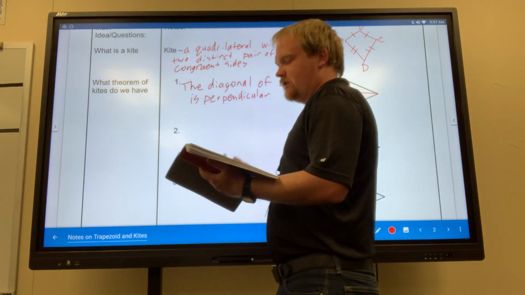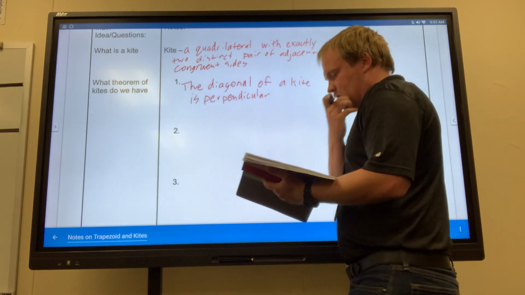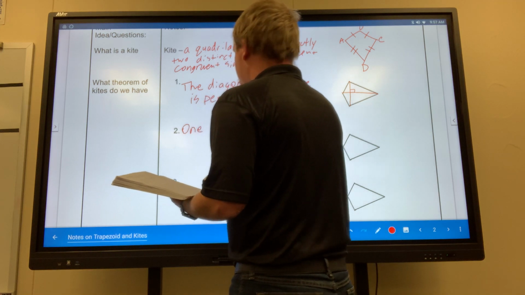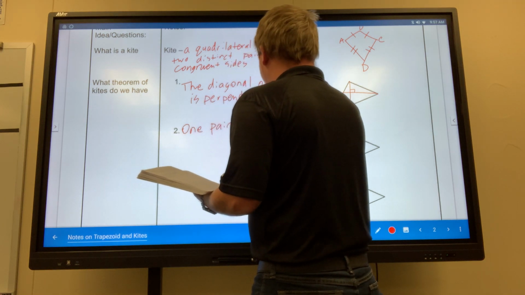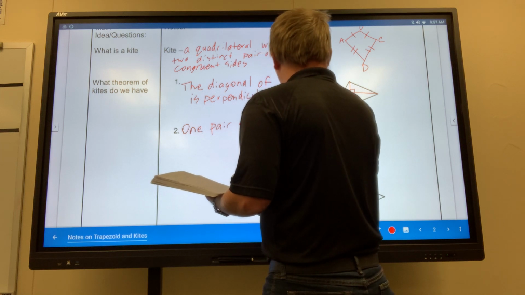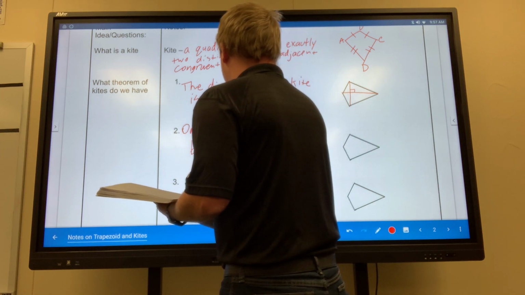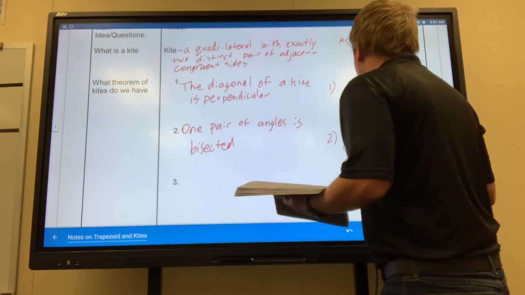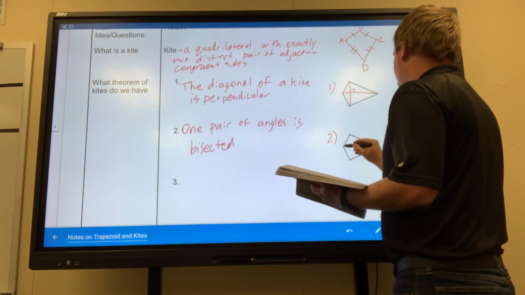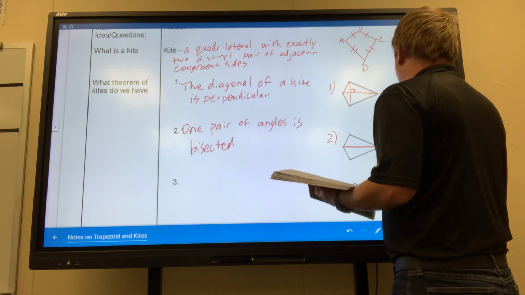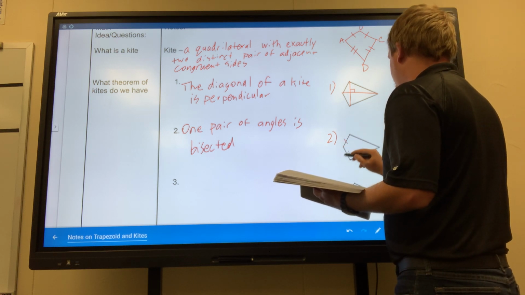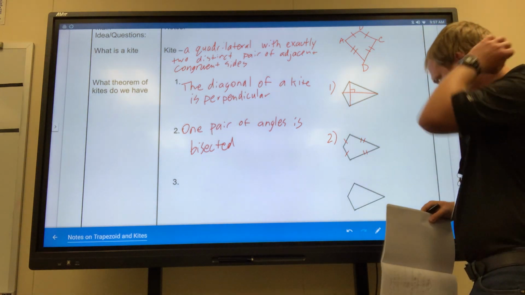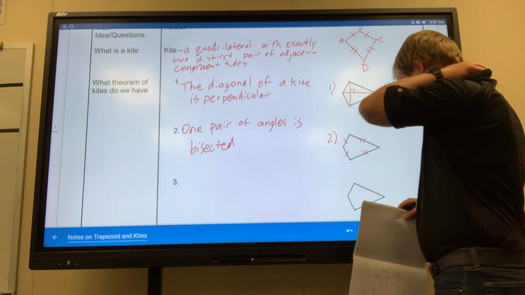Now, another thing we gotta look at is that one pair, not just two, but one pair of angles is bisected. So this is for number one, this is for number two. So if I look at this, well, better yet, let me show you. So those are the congruent sides, okay? Those are the congruent sides.